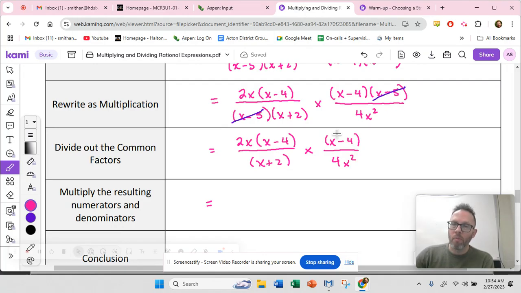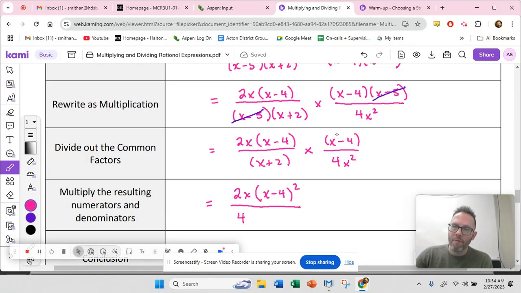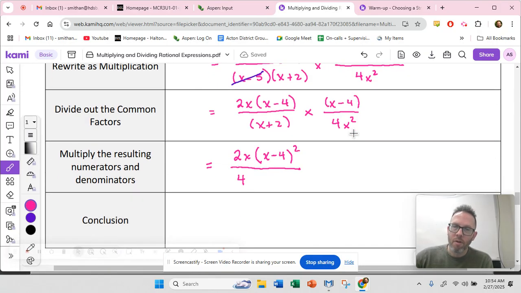So on top, we have 2x, and we're multiplying x minus 4 times x minus 4. It might be tempting for some of you guys to try to expand that out. Expanding is actually kind of counterproductive here. We'll just write that as x minus 4 squared. And on the bottom, we'll have 4x squared times x plus 2.